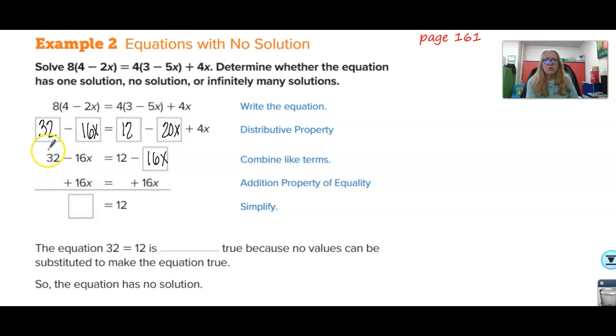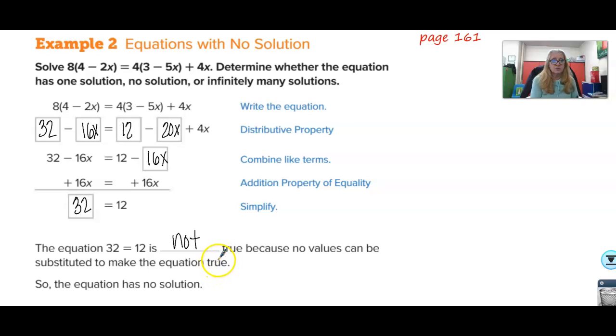This left-hand side will always be 20 more than this one because 32 is 20 more than 12. The x terms will always be identical, but the left-hand side has 20 more units than the right-hand side. So down here, we would get that 32 equals 12, but it's not true because no values can be substituted to make the equation true.